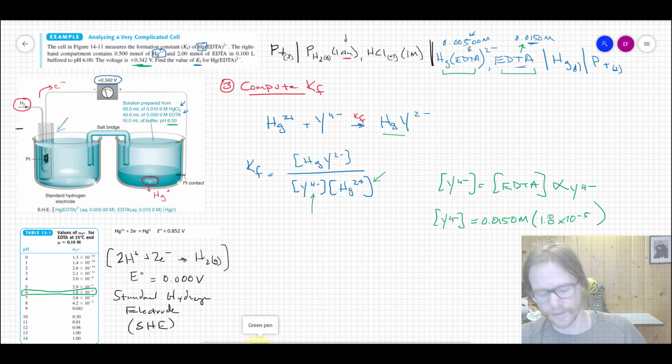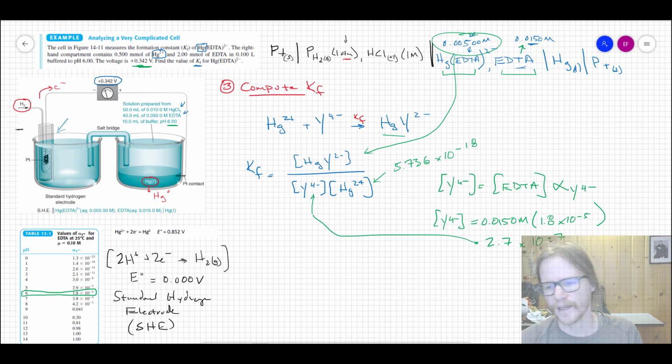Okay, that gives us a value of 2.7 times 10 to the minus 7. So we know Y4 minus now, at least at that pH. We know the concentration of mercury 2 plus, which is the tiny value we just computed in the previous step, and we know the concentration of the complex, which is 0.005 molar.